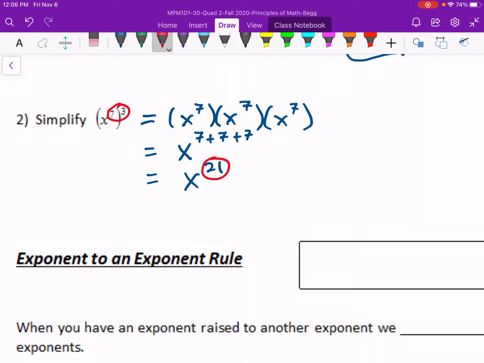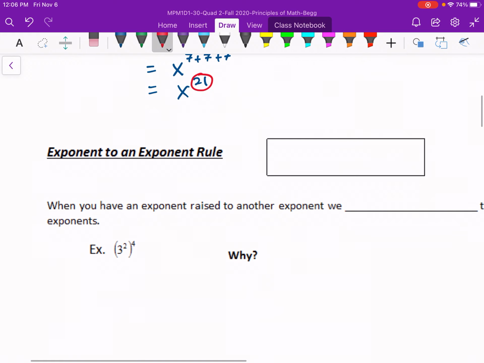When we were doing multiplication of powers, we added the exponents together. When we were doing division of powers, we subtracted the exponents. What looks like is happening when we do a power with another exponent on it? Well, hold on to that thought.